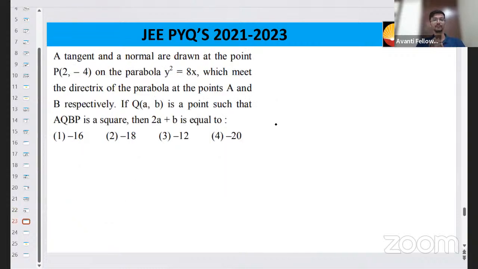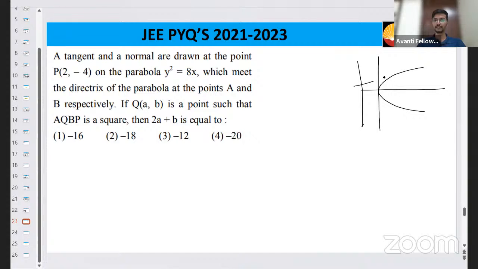A tangent and normal are drawn to the parabola at A and B respectively. Okay, so this is a parabola. Here is the directrix. Here a tangent is drawn.